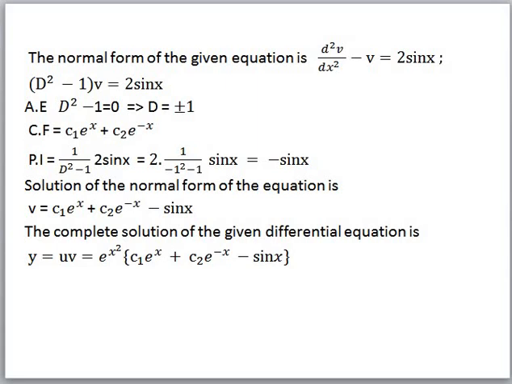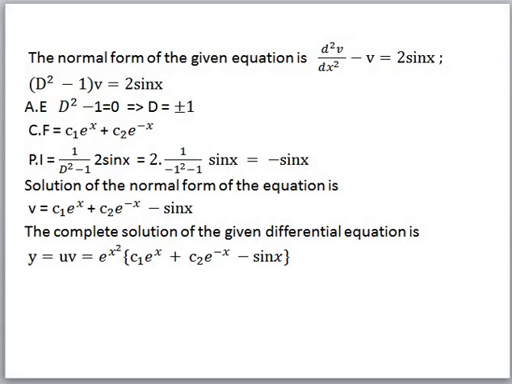So for 2 sin x, we get 2 into 1 divided by, replacing d square by minus a square. Here in sin ax, the a value is 1. So minus a square is minus 1 square, minus 1 minus 1 is minus 2. Minus 2 gets cancelled. So minus sin x.